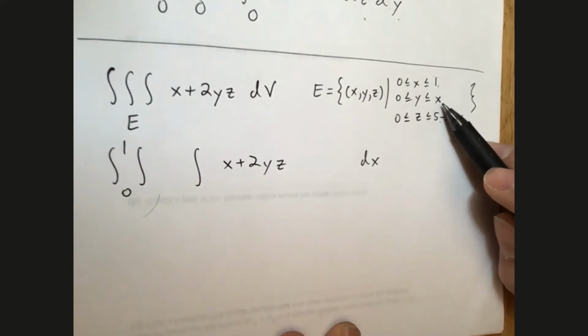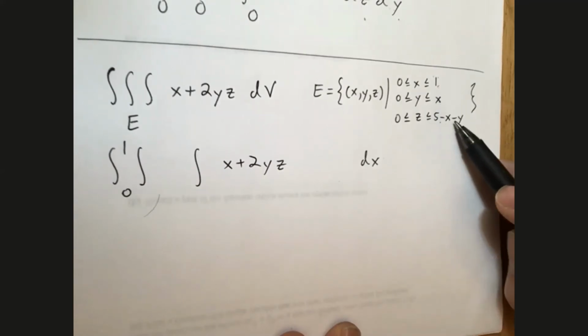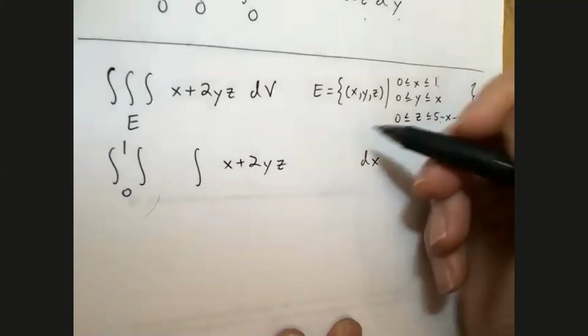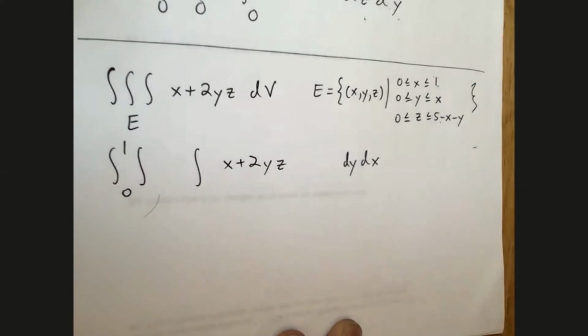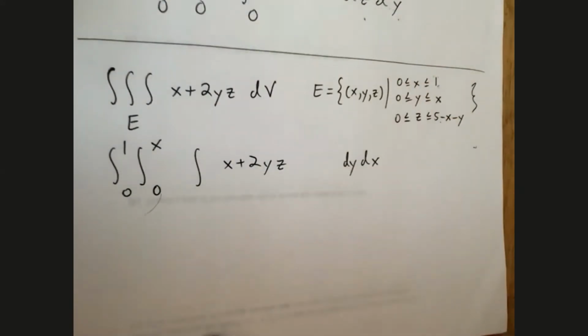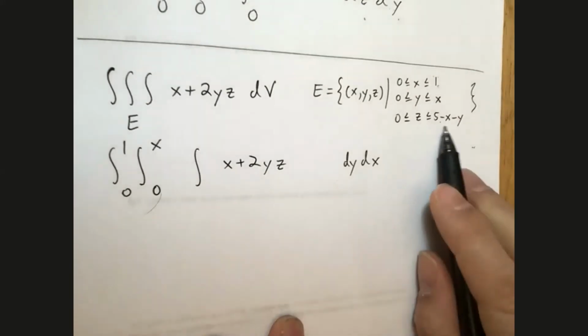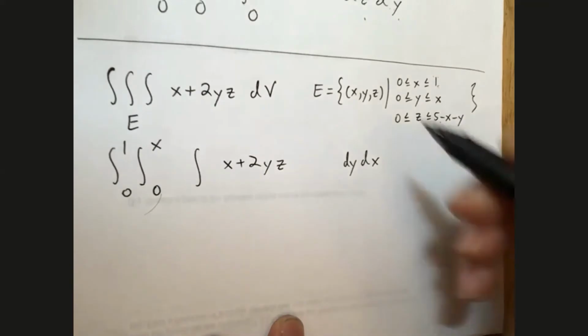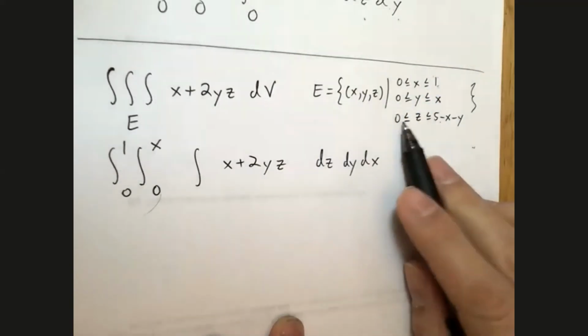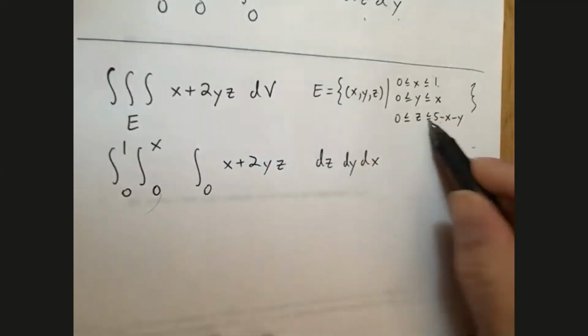Well, it's this one. See, this one only has an x in the bound. This one has an x and a y. So this one is the next most simplest range of values. So it's going to go next. So my y is going to be the next thing I integrate. And those bounds are 0 to x. And then the most complicated one is the z. So that's the one I should put on the inside. And it goes from 0 to 5 minus x minus y.